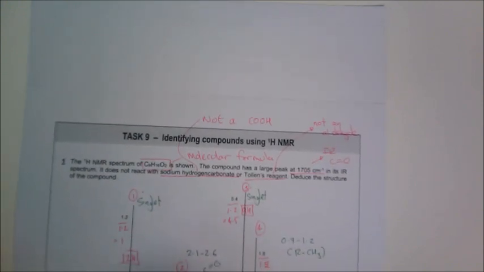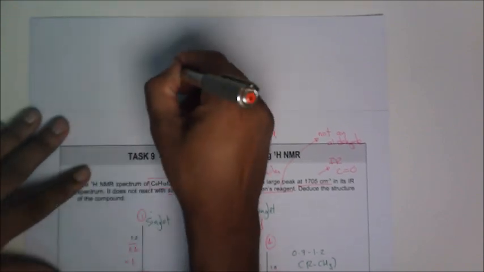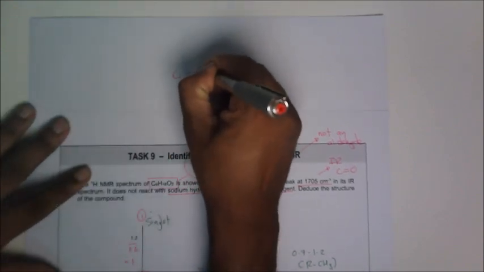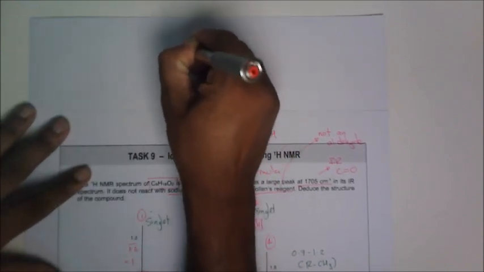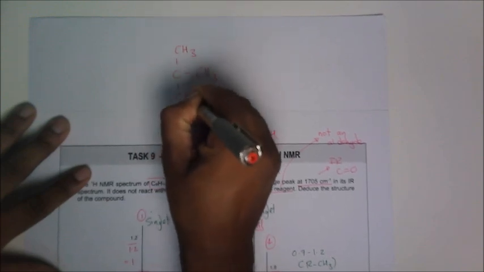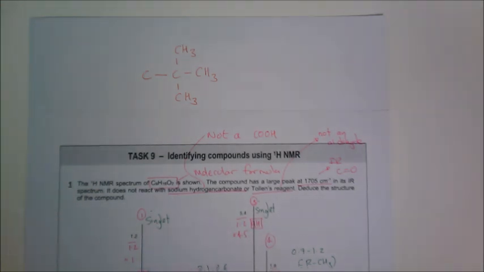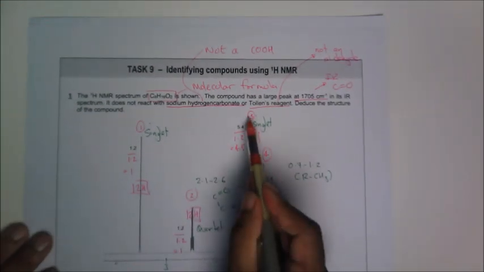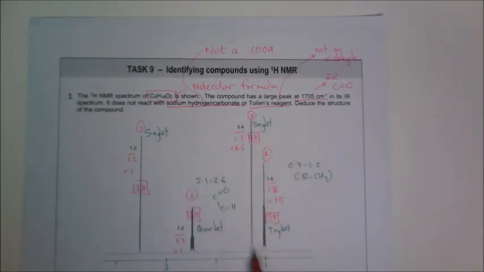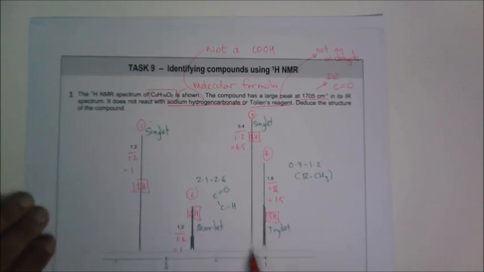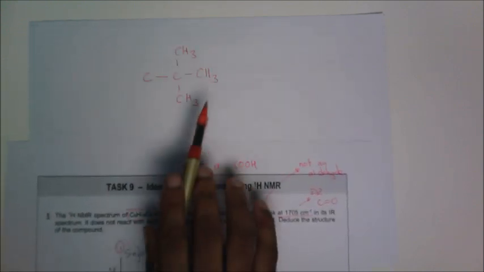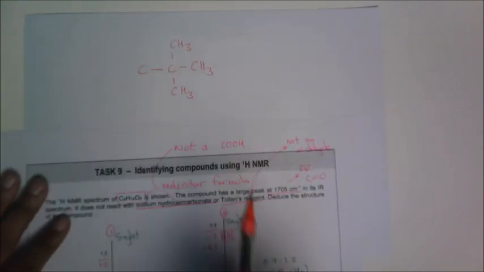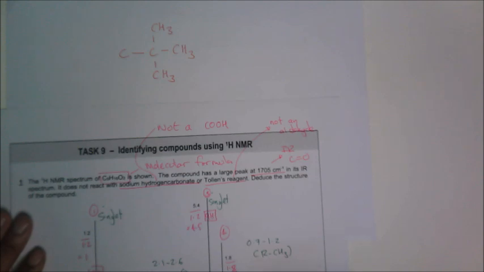That's a very common substance where you've got 3 methyl groups, all of them in the same environment. Because this is a singlet, that means it can't be adjacent to any other protons. That's why there is no splitting of that peak. So this is a possible structure for this peak.